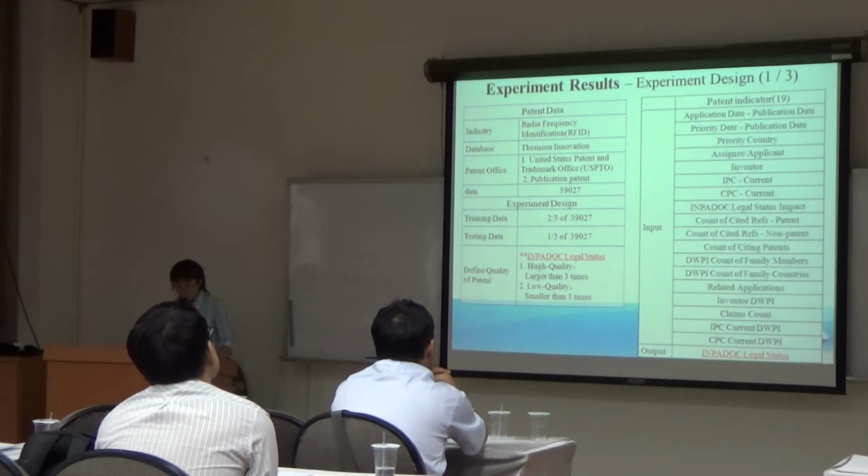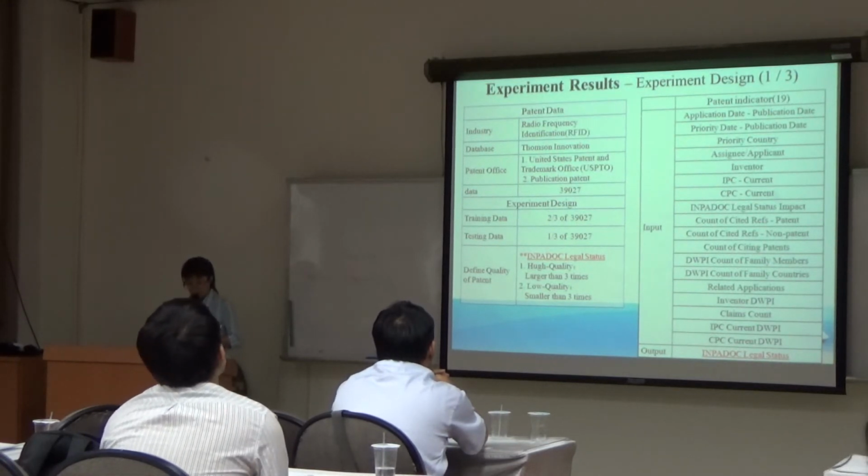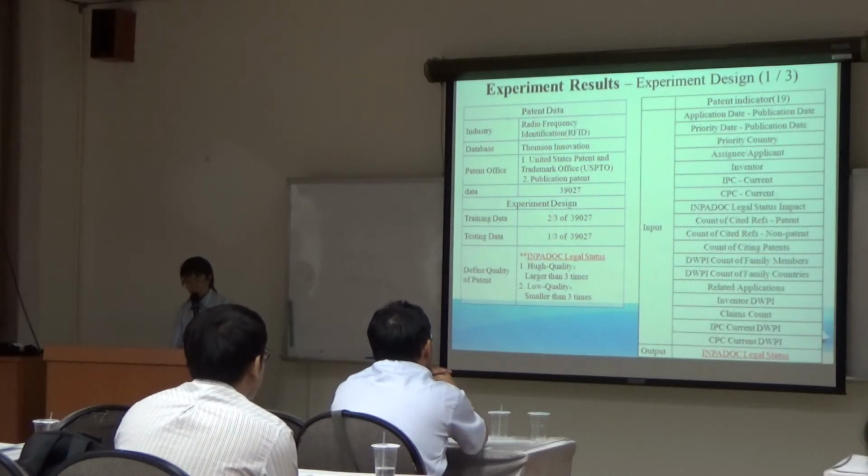In our research, we collect the patent data of the RFID industry from the patent data set of Townsend Innovation. We split the patent data into 3 parts, 2 parts are the training data set, and the other is the testing data set. Each patent record includes 71 patent indicators, and we select the 19 major patent quality indicators as shown in the right table.